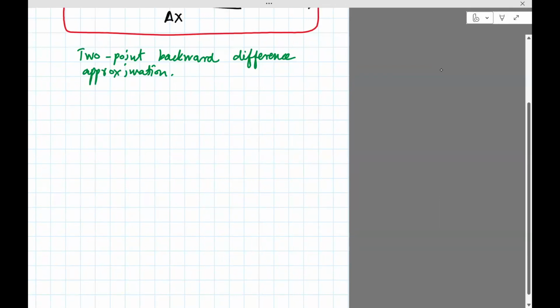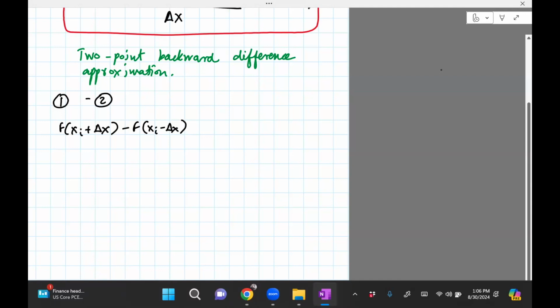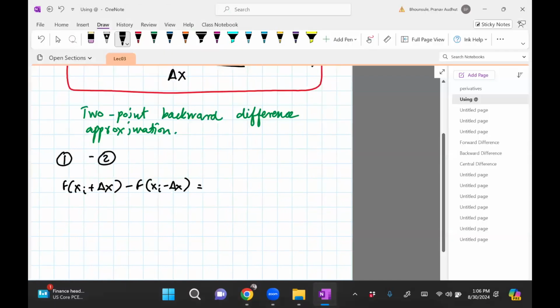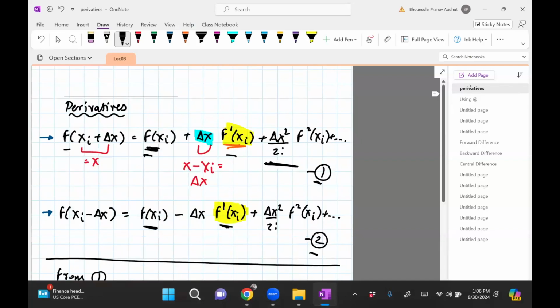So we do expression 1 minus expression 2. So I subtracted those two.